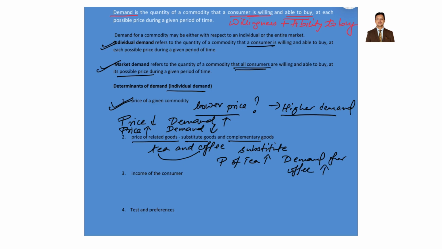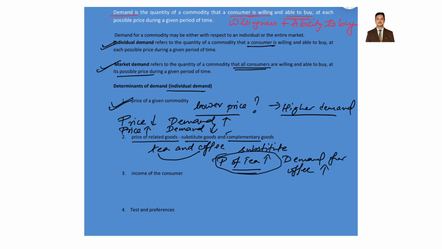Suppose the price of a commodity like tea rises, the demand for coffee will be more, and vice versa.